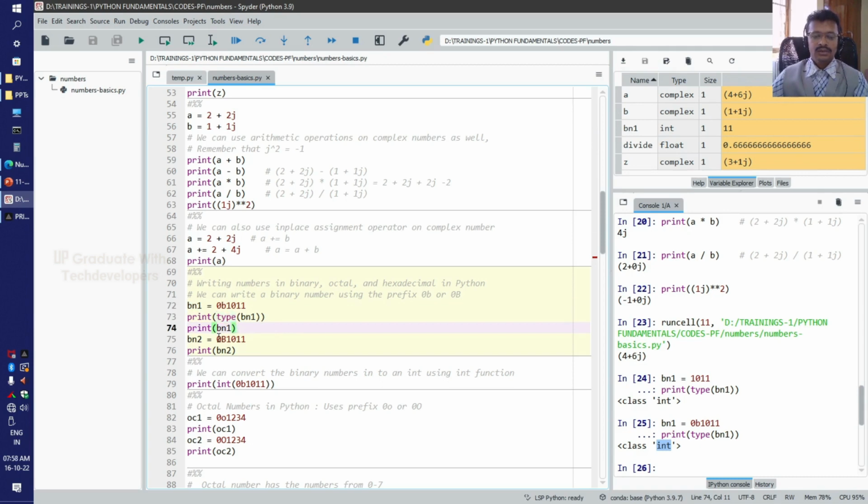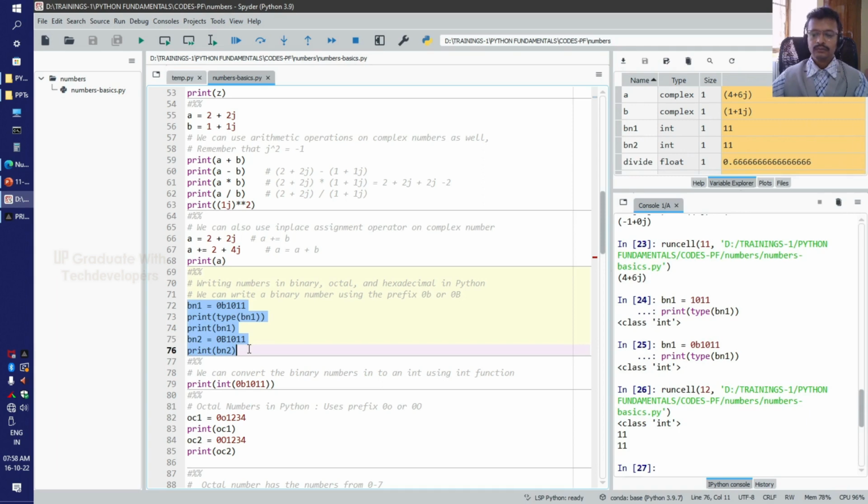Similarly, as I told you earlier, we can use capital B to create a binary number. So 0 capital B 1011. If we convert this binary number to an integer value, we will get 11.